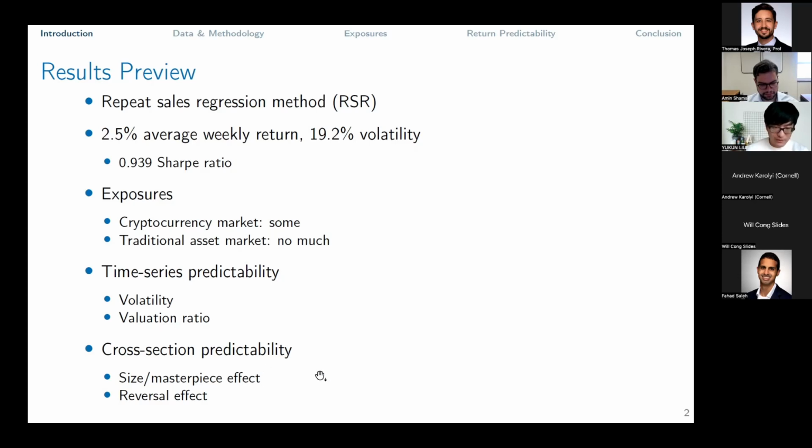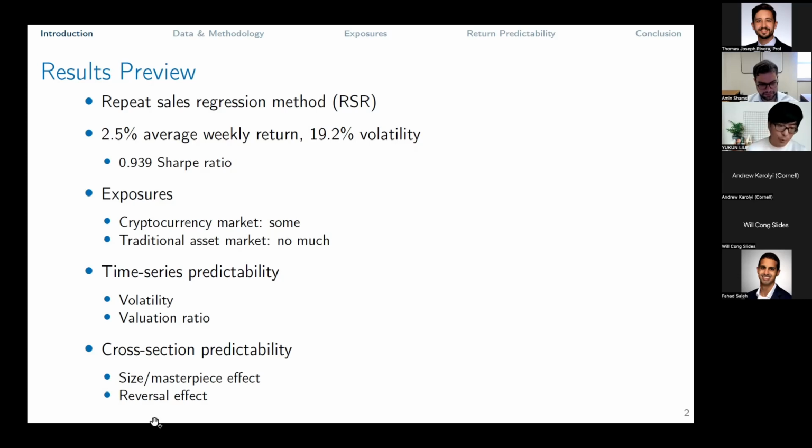The first one is the size effect. Essentially, if a particular NFT is sold at a very high price, in other words, the size of this NFT is large, in the future its average return is going to be lower. There's also a reversal effect, namely that if the previous transaction of this NFT had a high return, in the future it's going to have a low return.